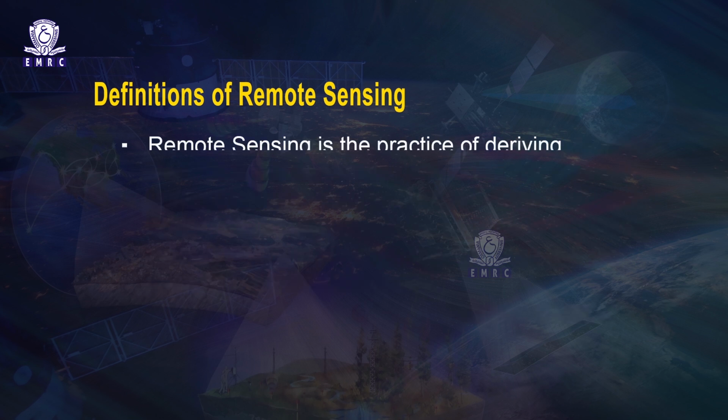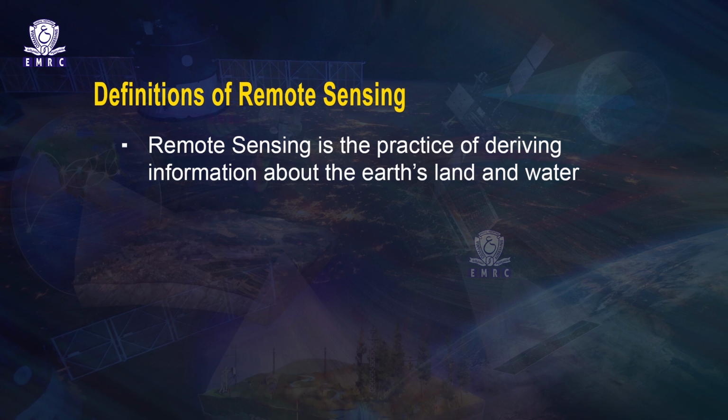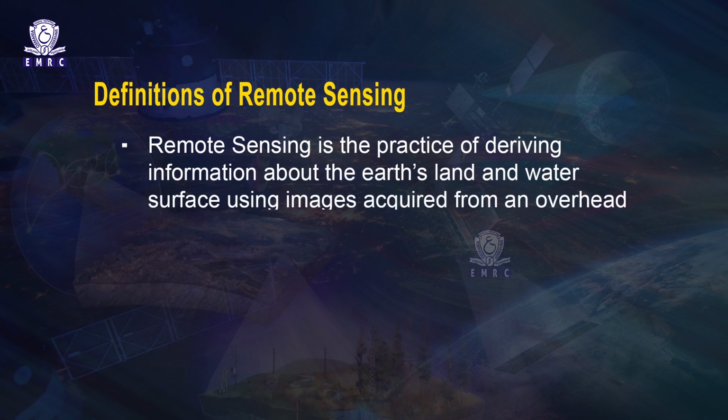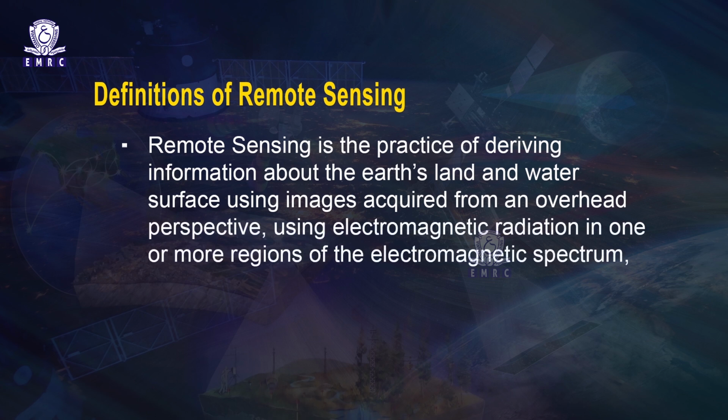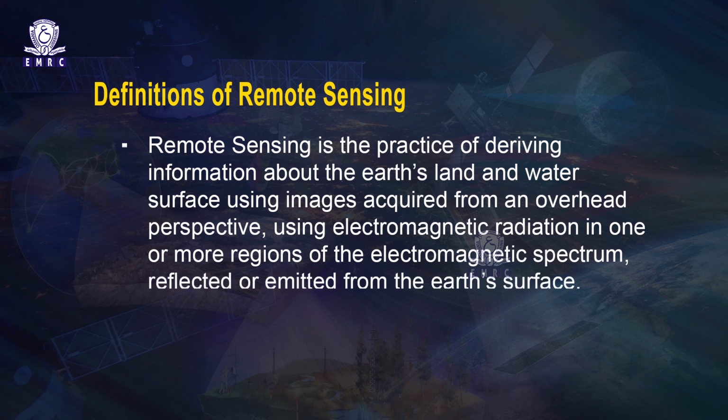According to James B. Campbell, remote sensing is the practice of deriving information about the Earth's land and water surface using images acquired from an overhead perspective, using electromagnetic radiation in one or more regions of the electromagnetic spectrum reflected or emitted from the Earth's surface.